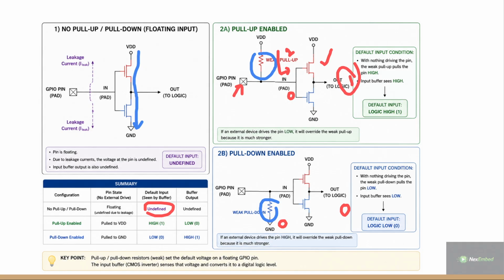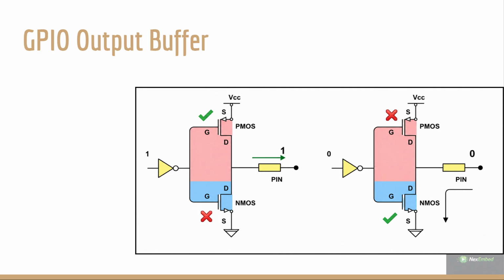This is for the input buffer. Next we can go with the output buffer. The image is similar, from the MCU. Here we are sending output from the MCU to my LED. In this case, the input is 1.